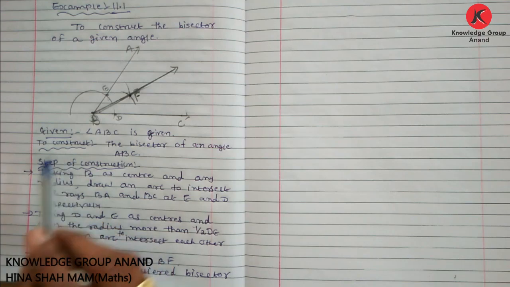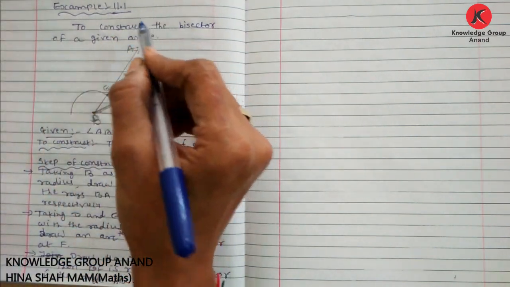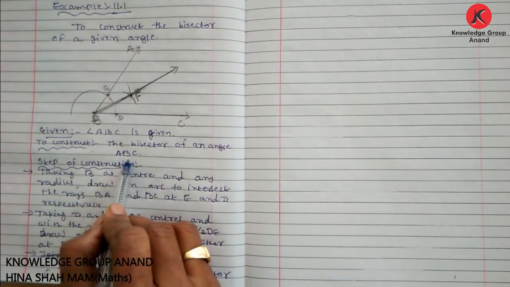Again, first we write the given: angle ABC is given, to construct the bisector of angle ABC.